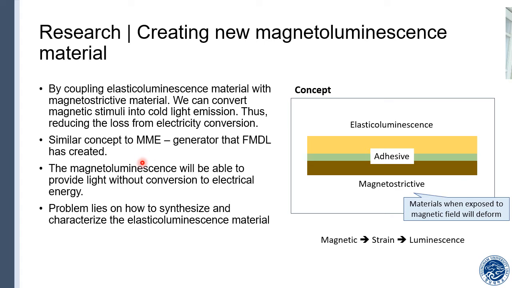It is quite a similar concept to the MME, or magnetomechanoelectric generator, that FMDL, or our lab, has created. The magnetoluminescence will be able to provide light without any conversion to electrical energy. So it will be quite efficient and also provide luminescence.